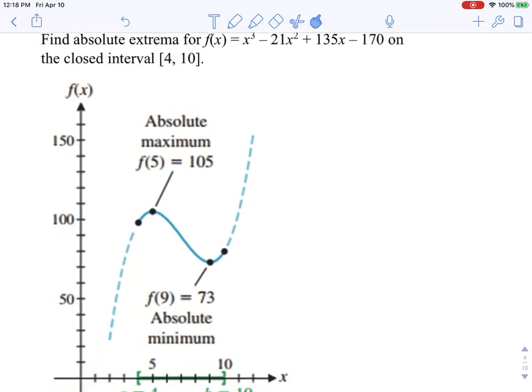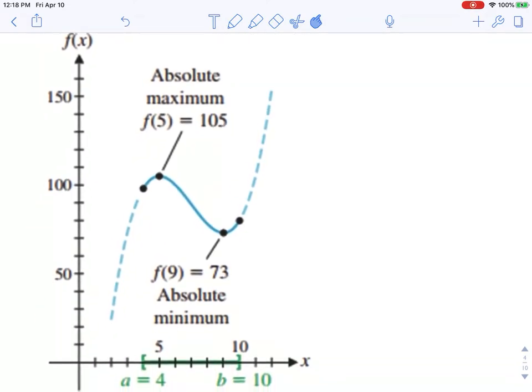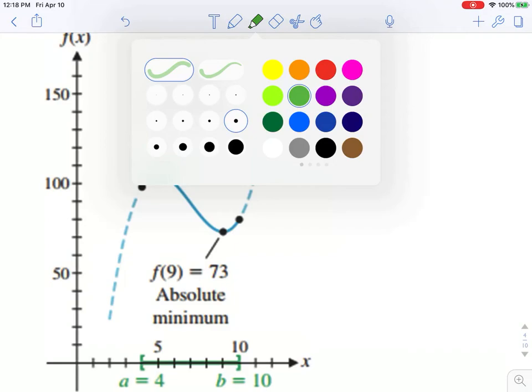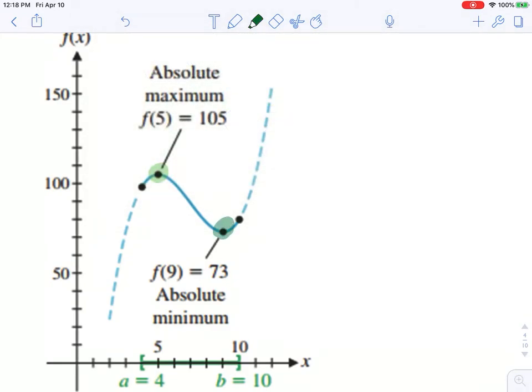If we close the interval from 4 to 10, our absolute max is shifted along with our absolute min.